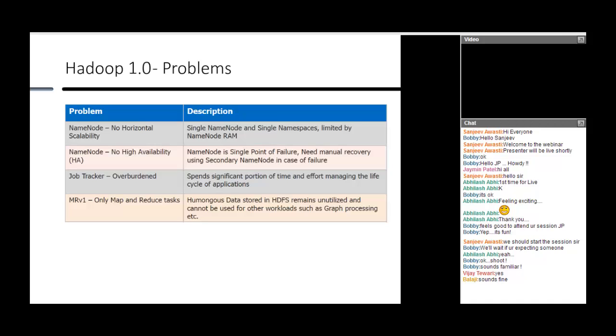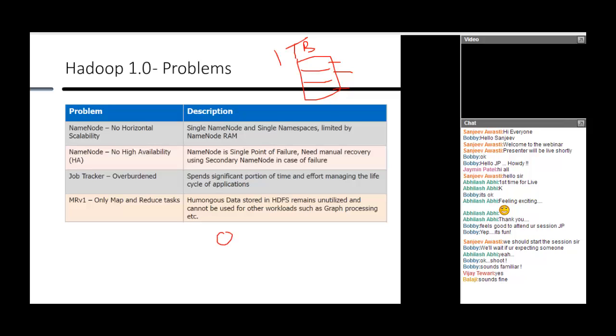As I told you, Hadoop stores the data in a distributed manner. So all the data gets distributed. That means if you have a big file, let's say a 1 terabyte file, the file gets divided into multiple chunks and each chunk gets stored on a different node.